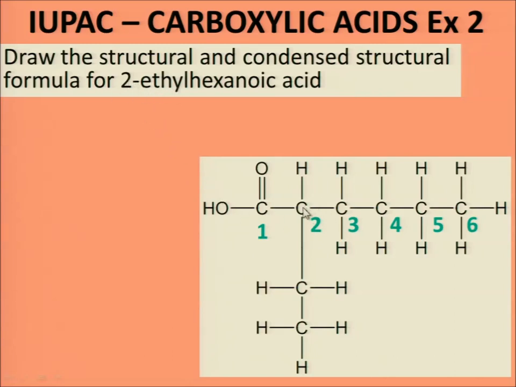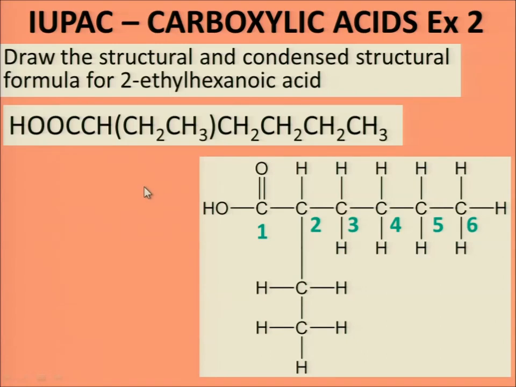Now you go to carbon 2 and then you add 2 carbons there. And then you know that it is a carboxylic acid because of this part, oic acid. Therefore, at carbon 1, you need a carbon with a double bond to an oxygen and the hydroxy group.